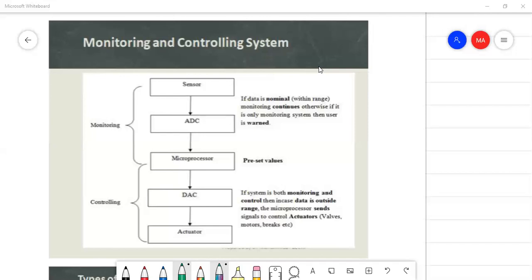If it is outside the range, the system is not working properly, and the sensor will send a signal to the microprocessor. Is it clear to all of you? What does nominal range mean?